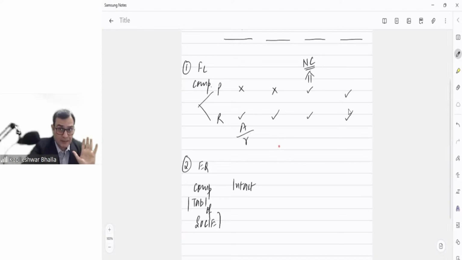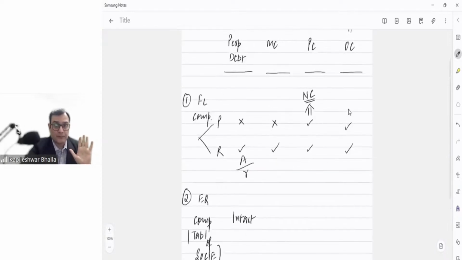Now, the second situation, if it is supposed to be a mandatory conversion. Remember, at the end of the life of the instrument, this amount will be split into equity share capital to the extent of face value, and the remaining is taken as securities premium.